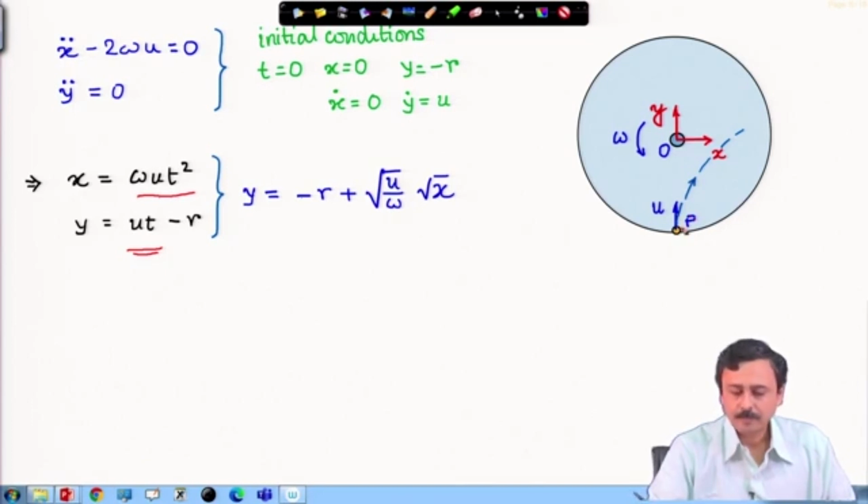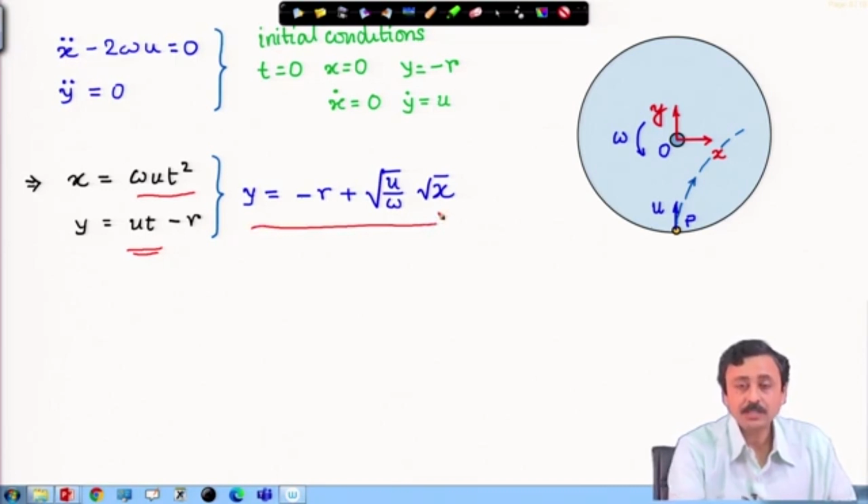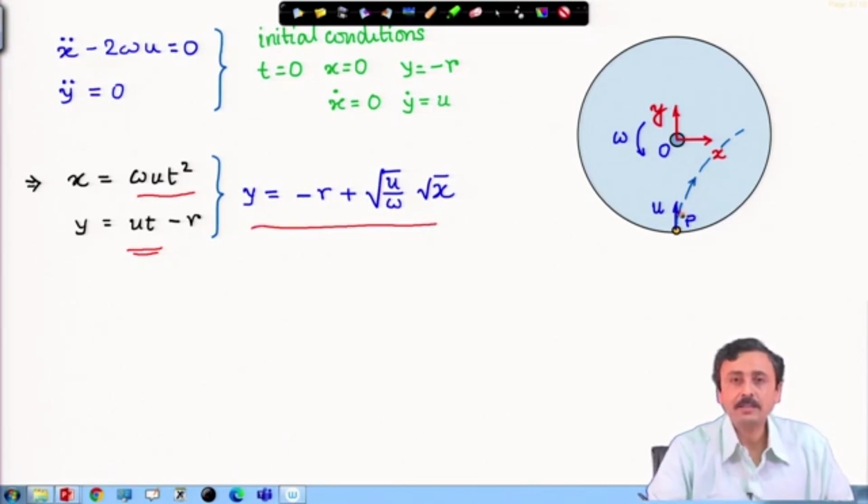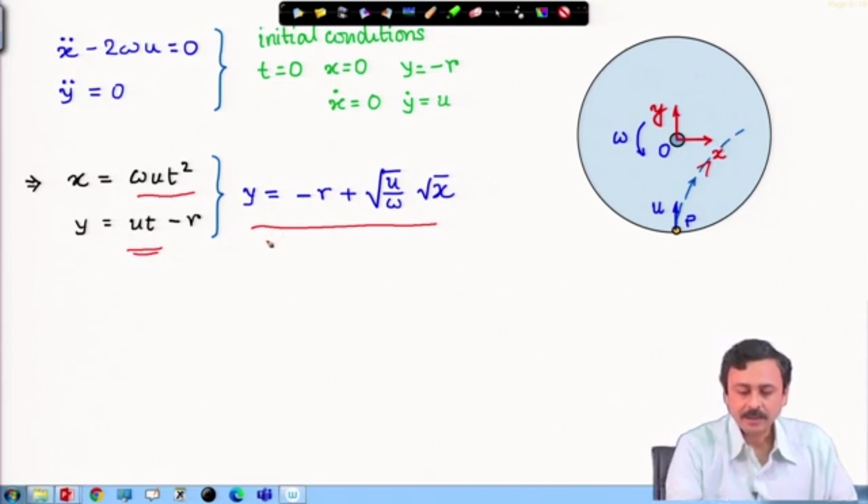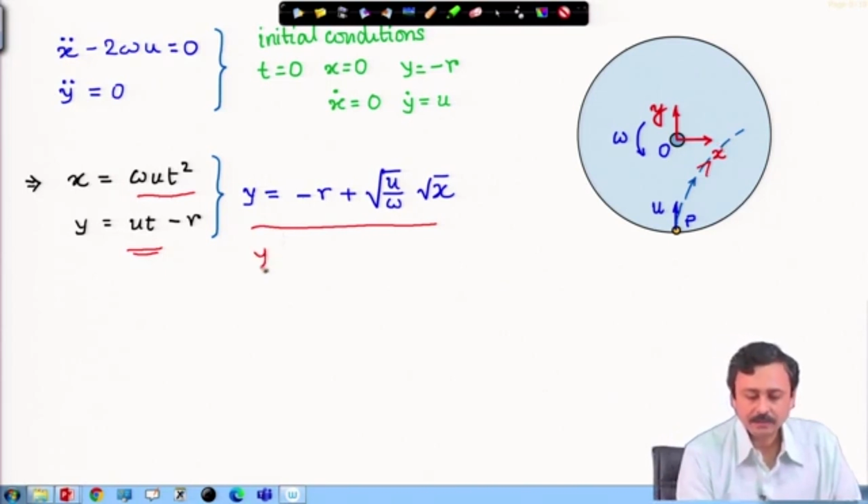and this, therefore, because x moves to positive side, the particle path curves to the right, it curves to the right, and you can write this as y plus r whole square equals 2 omega by u times x.